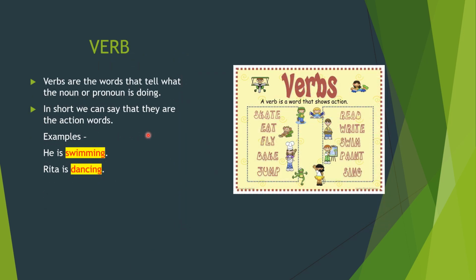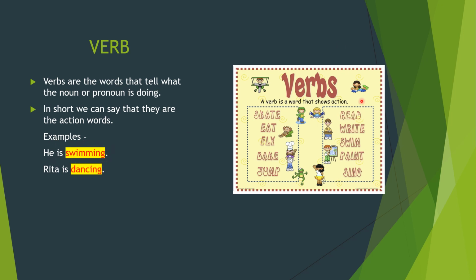Now let's talk about verb. Verbs are also treated as action words, or it can be said like the words that tell what a noun or pronoun is doing. So they are the doing words or action words. For example, he is swimming or Rita is dancing. So here swimming and dancing both are action words which describe some action being performed.